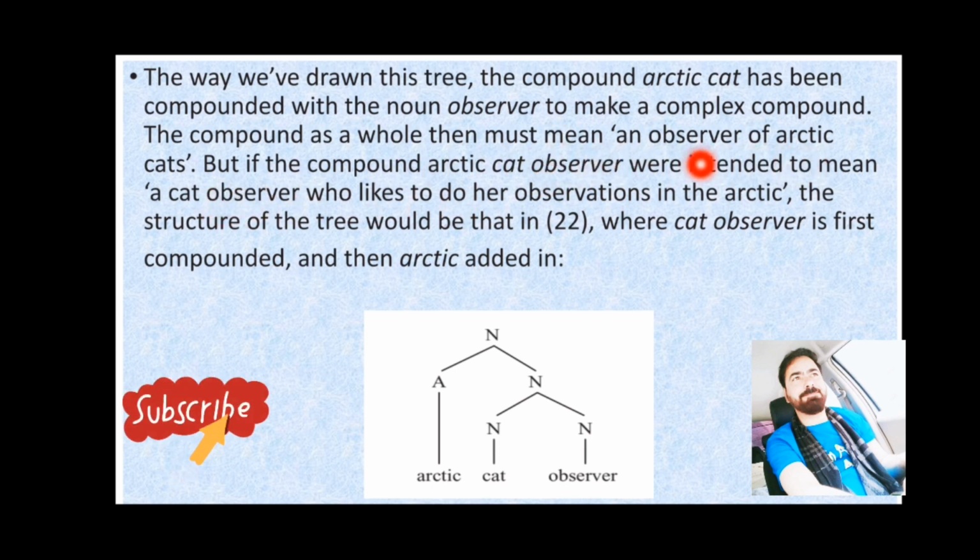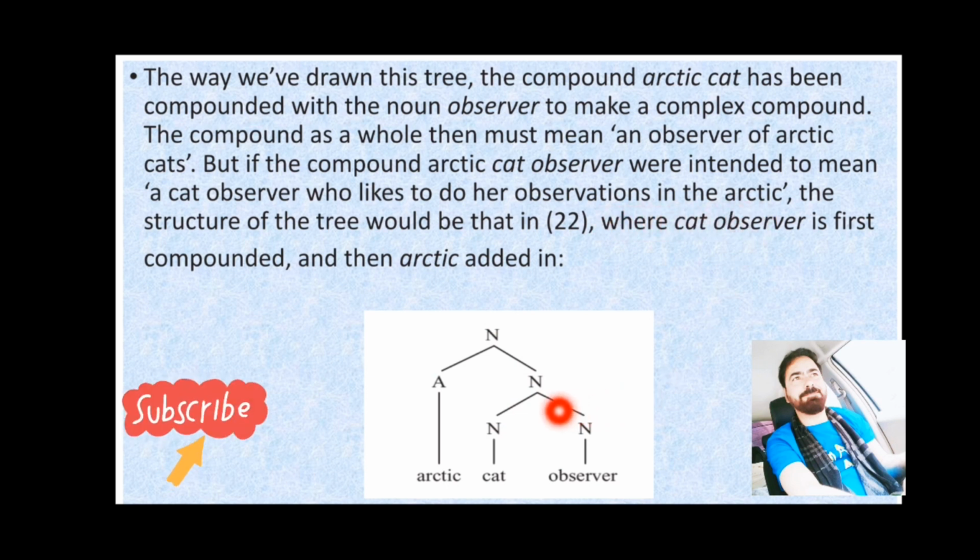Right, an observer of Arctic cat, but if the compound Arctic cat observer were intended to mean a cat observer who likes to do her observation, so here there is a cat observer, and the cat loves to observe something, like her observation in the Arctic.